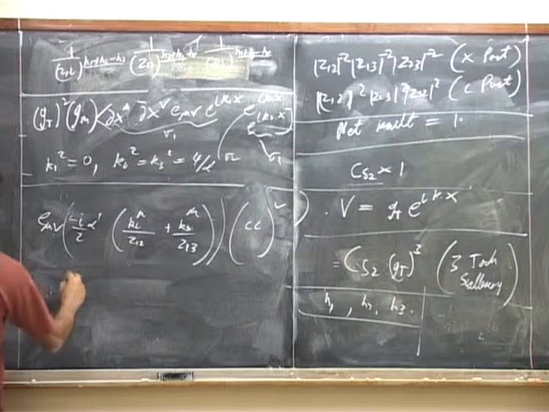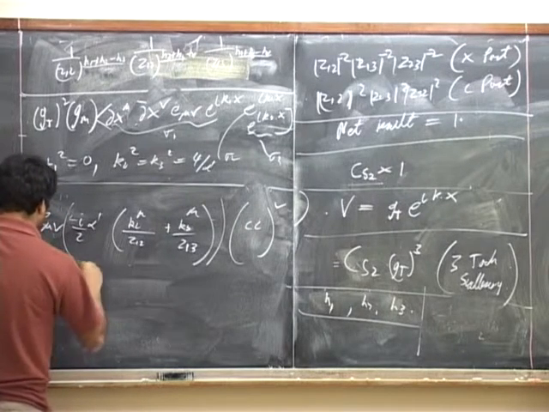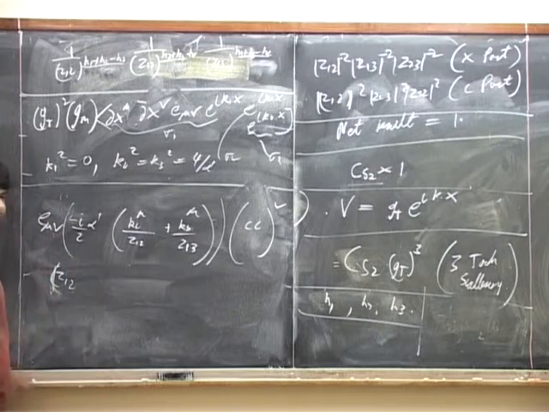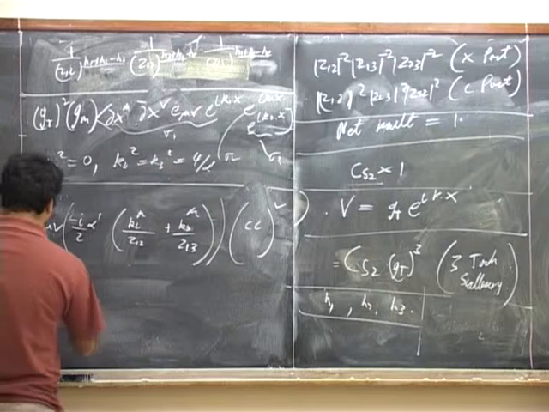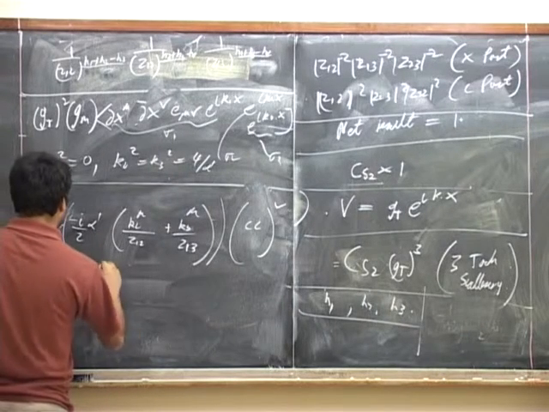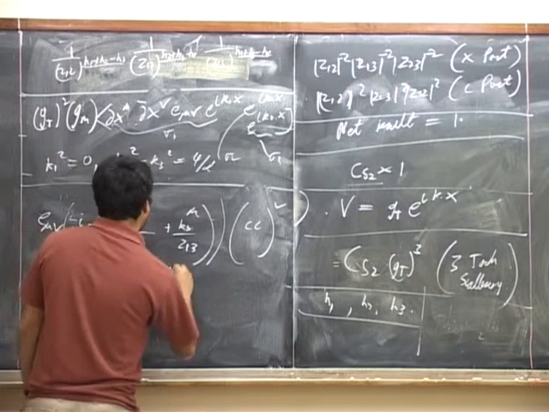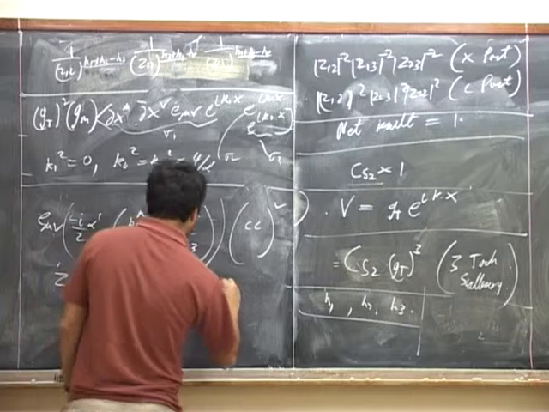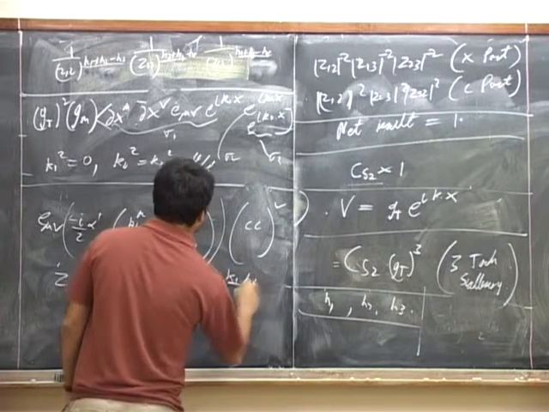And that we know what that is. Let me write just the analytic part; there's also the anti-analytic. So z12 to the power k1 dot k2 by 2, z23 to the power k2 dot k3 by 2, and z13 to the power k1 dot k3 by 2.